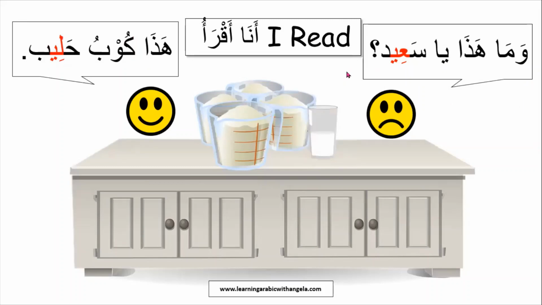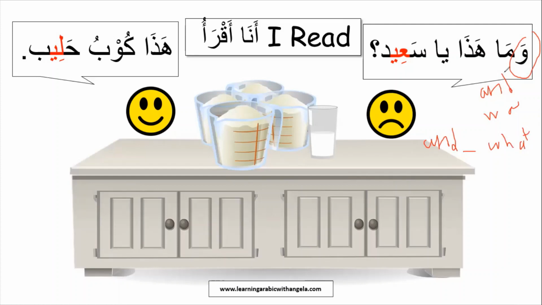وما هذا يا سعيد? And what's this? Now, one thing, when we refer to and in Arabic, and it's the wa, it always connects to the word after it. So you don't have a finger space as in English. In Arabic, it becomes like one word.